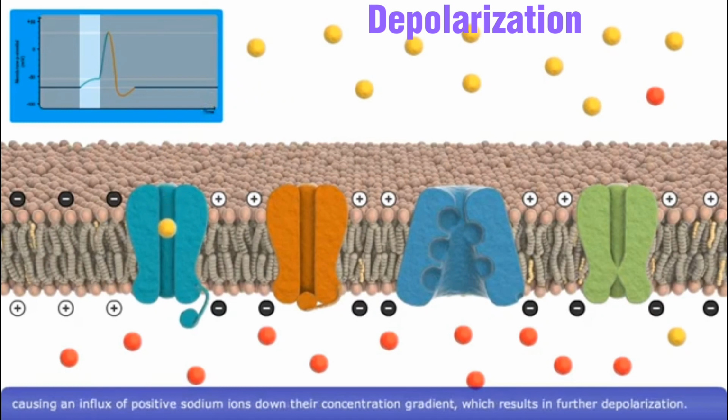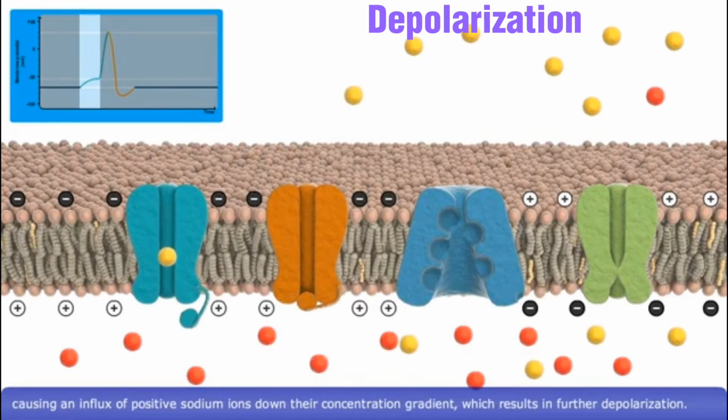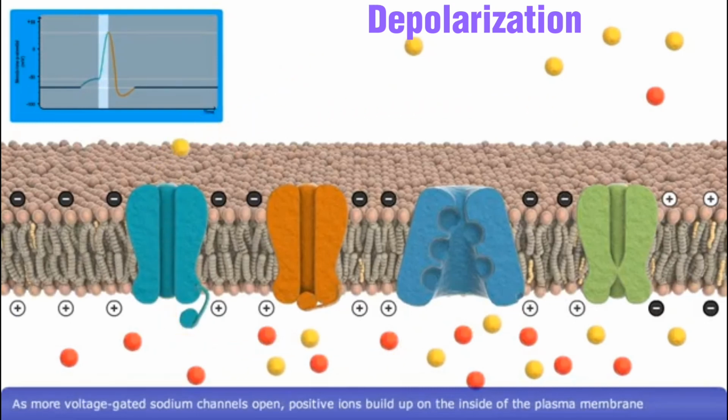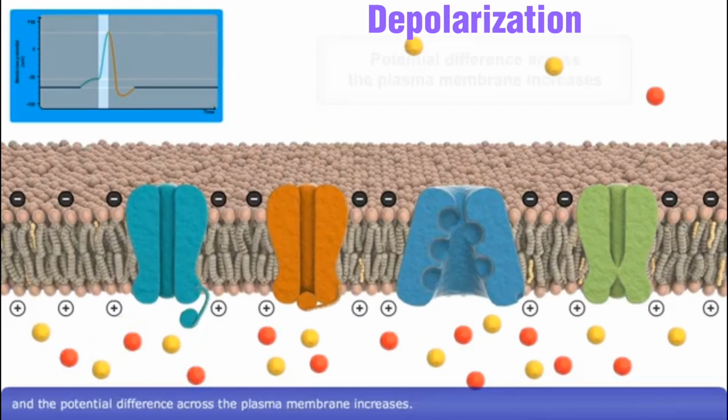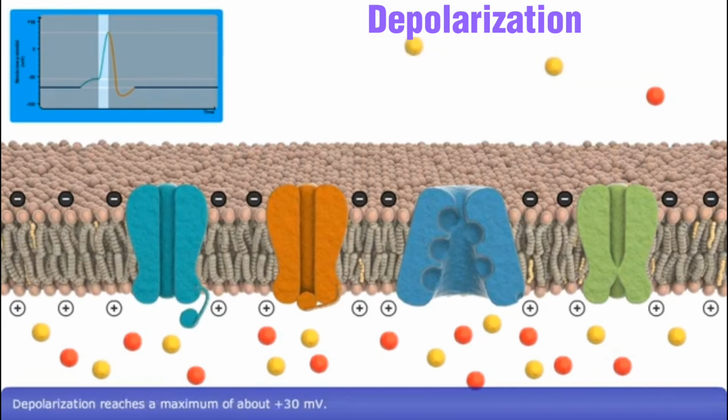Sodium ions start moving inside the cell by passive transport along the concentration gradient, and it causes more depolarization, and the intracellular charge is now positive and extracellular is negative. The potential difference across the plasma membrane increases, and the maximum potential ranges from plus 30 millivolt to plus 35 millivolt.